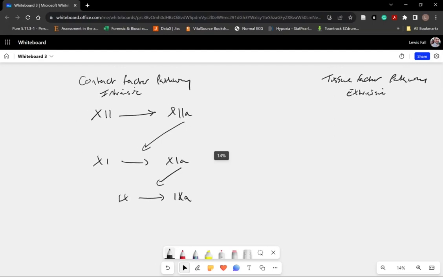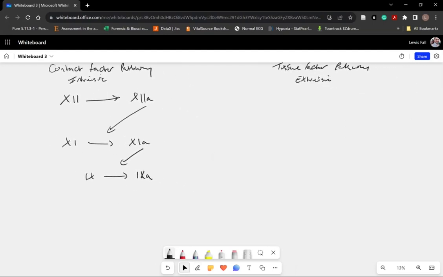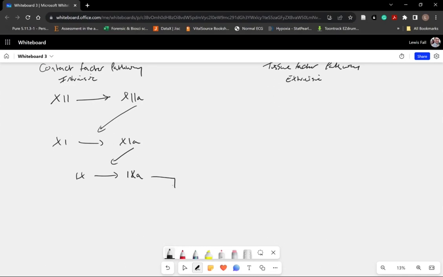Nine activates 10. And I'm going to do this like this, because this is kind of where the other pathway we have to start talking about. Because 10 is going to activate the first step of what's called the common pathway. And that is, it activates prothrombin to thrombin.